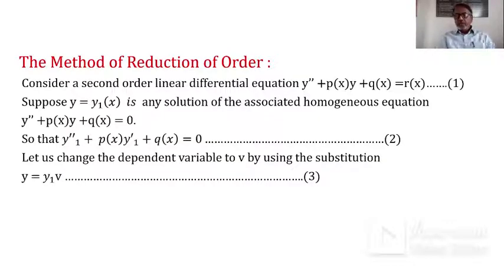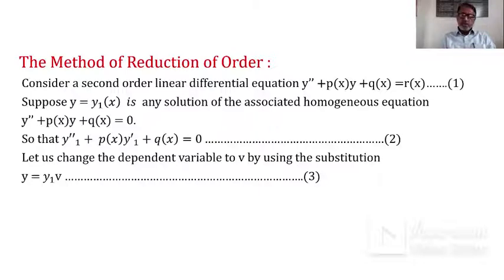In the given differential equation, y is the dependent variable and x is the independent variable. Now we change the dependent variable y to the dependent variable v by taking the substitution y = y1 v, with the independent variable x as it is.